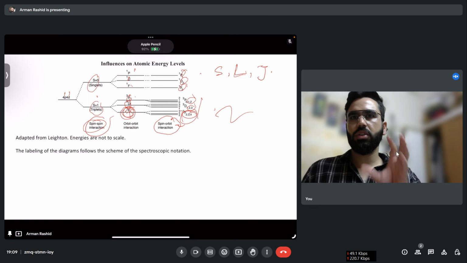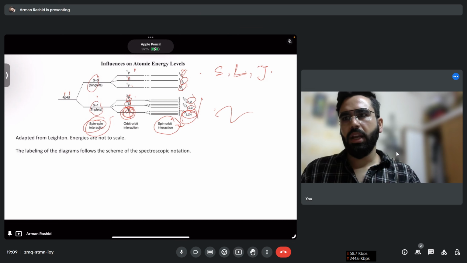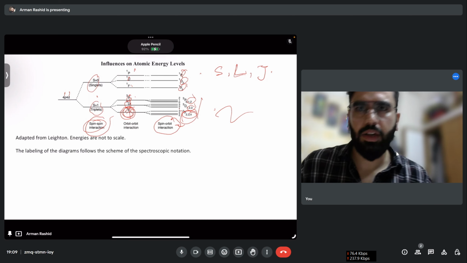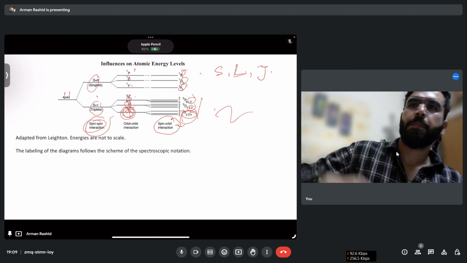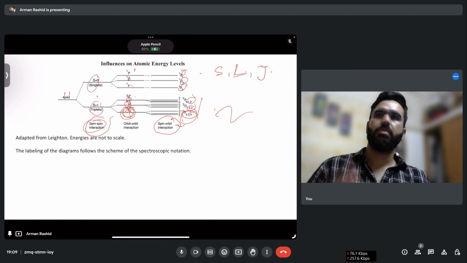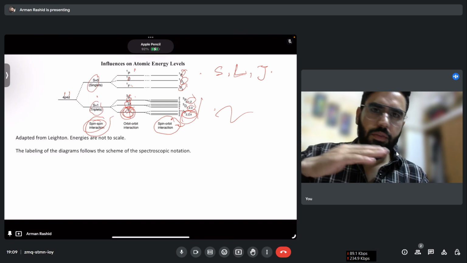Internal effects include the spin coupling, spin orbital coupling, and the orbital orbital coupling. And the external factors include the magnetic effect, called the Zeeman effect, or electrical field, called the Stark effect. Now we have seen that any atom, any orbital, any system, similarly a molecule I will show you, has different electronic states.